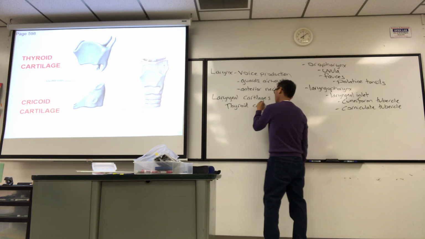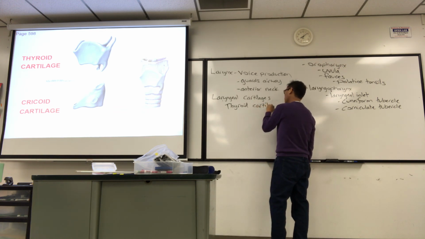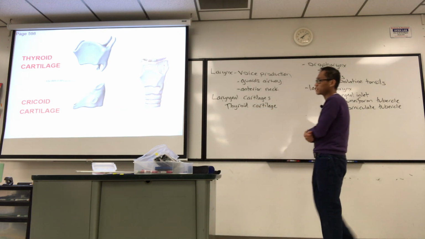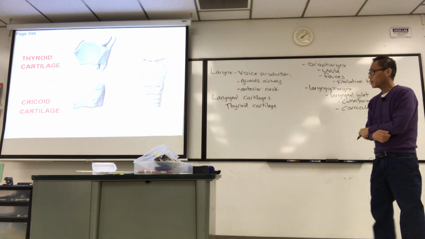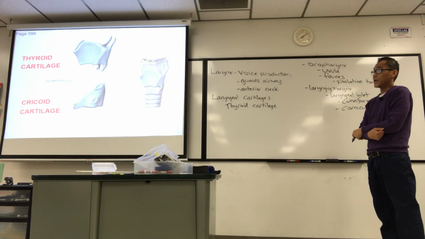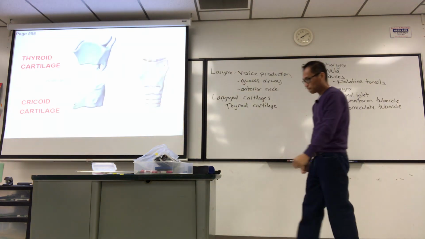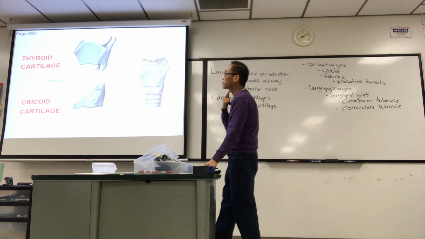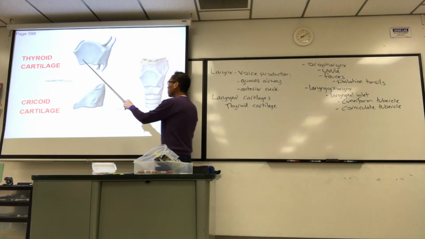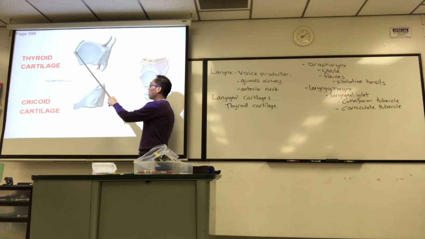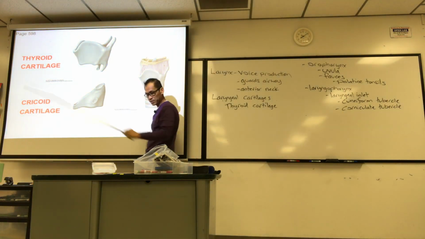Thyroid cartilage. When people say voice box, that's it. That's the box. Not really a box, is it? But it has a nice shape and that little point that you can feel in your neck, right here. Laryngeal prominence.